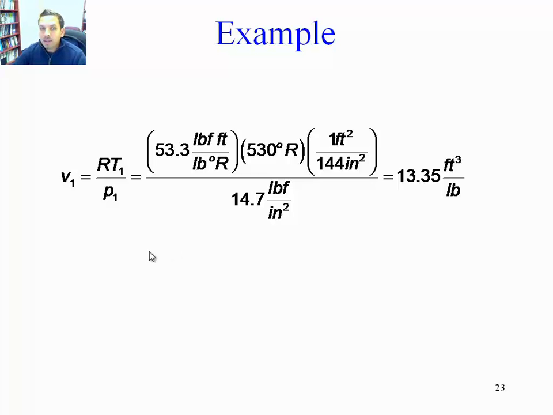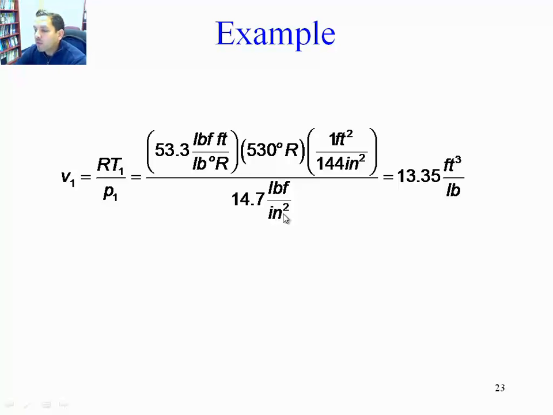We said that because air is an ideal gas, we can use the equation of state. It says that P times V is equal to RT. Let's solve for the specific volume at state number 1. The gas constant for air in British units is 53.3 pound-force feet over pounds degree Rankine. The temperature at 1 is 530 degree Rankine, and the pressure at 1 was given as 14.7 psi, or pound-force over square inches.